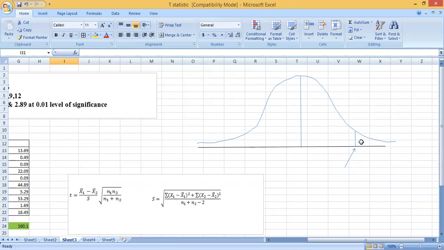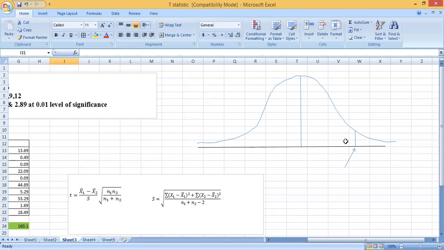It may be the 1% level, and it may be the 5% level, whatever you like to take. If the calculated value lies in this region, then you have to reject the null hypothesis. And if it does not lie in this region, if it lies here, then you can accept.